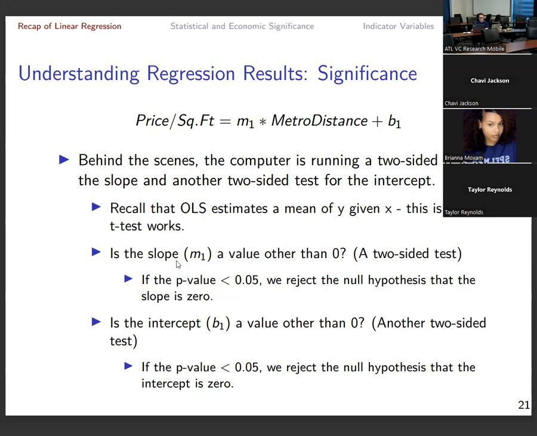So this is a way of giving you a rule for how to make a conclusion around the statistical significance of that null hypothesis. This is the null that the slope is not equal to 0.